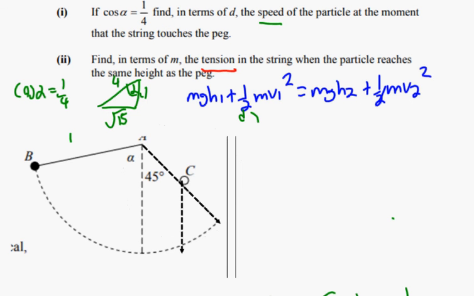Now we're looking for F equals m v squared over r. The radius is d, so we'll change that to a d to begin with. And what's the only thing holding it in place?